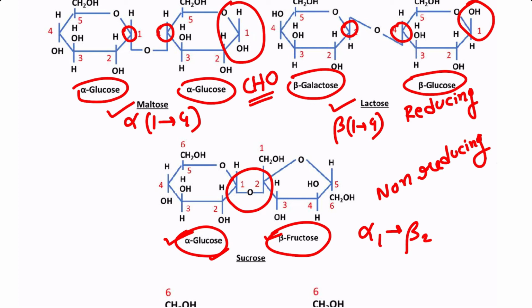In this disaccharide, C1 of alpha glucose and C2 of beta fructose are involved in the linking process.